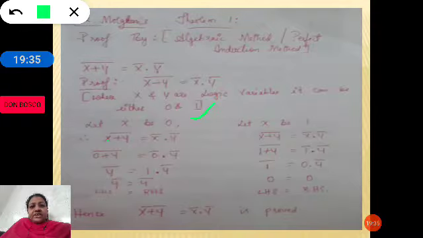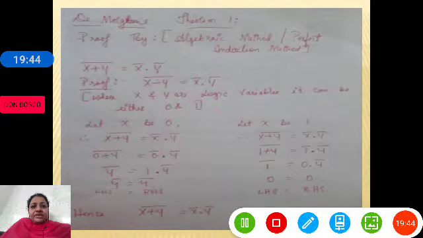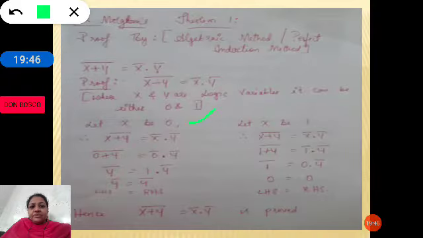So instead of x, let's substitute 0, as we have taken x to be 0. Now in the place of x we are substituting 0: 0 plus y whole bar is equal to 0 complement ANDed with y complement.